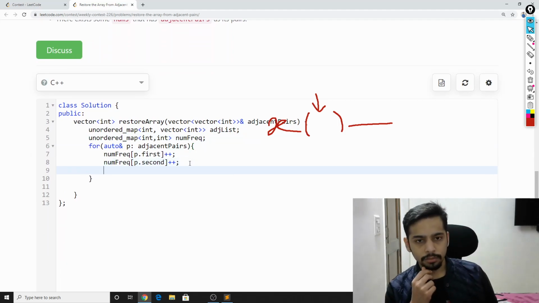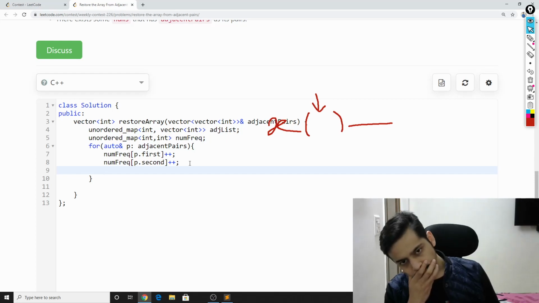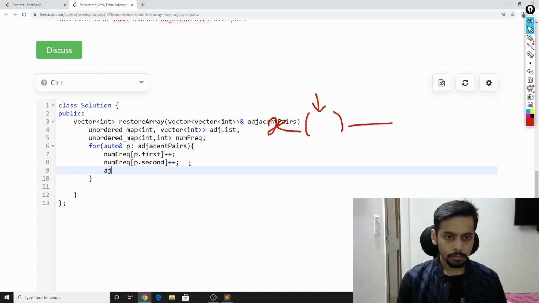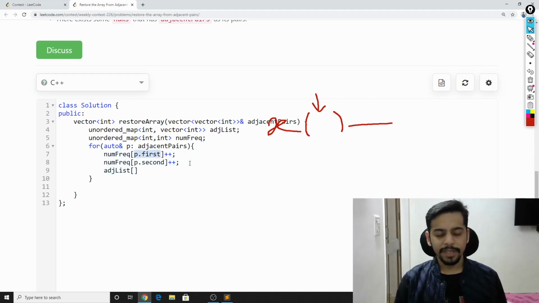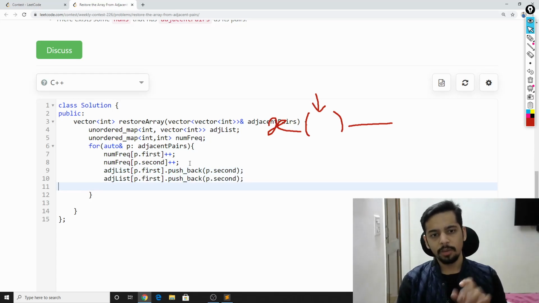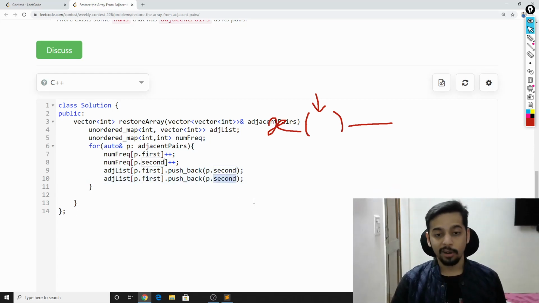And what I'll do is, p dot second has to be adjacent to p dot first. So adj at p dot first dot pushback adj at p dot second. And by similar logic, I think I might get a segmentation fault here, but I'll think about that later. I might not, so I'll think about it later. That's just language specifics.